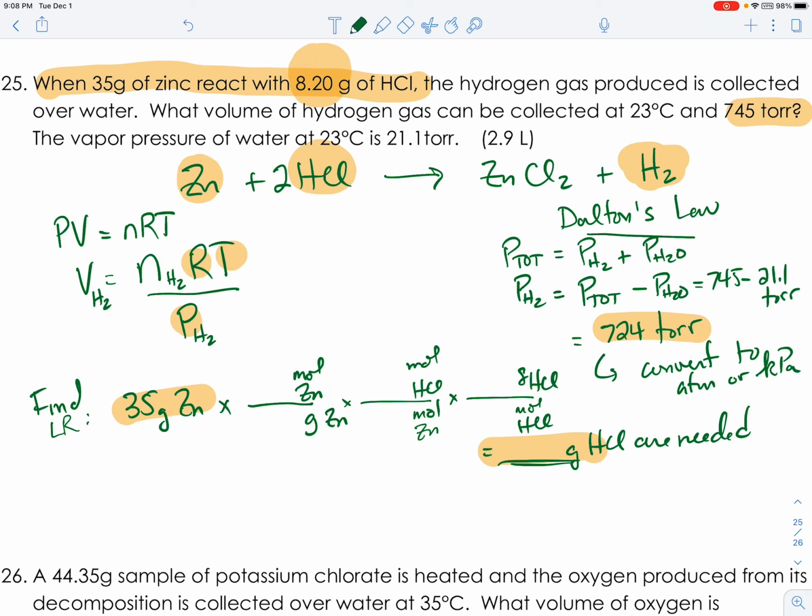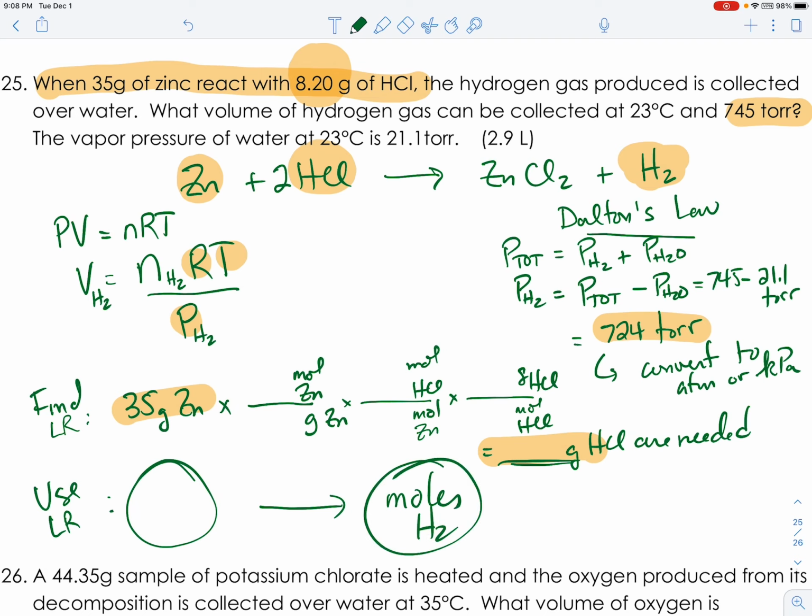So once you've got the limiting reagent, you would then use the limiting reagent in a similar set of unit multipliers. Start with your limiting reagent, convert the grams of limiting reagent to moles, convert that to moles of hydrogen using the balanced equation, and then take that and put it in your ideal gas law, and we're done, right?